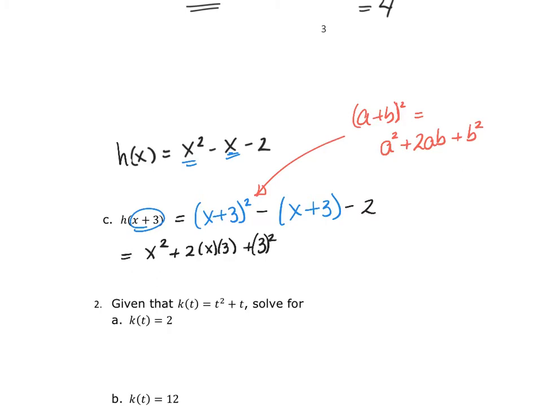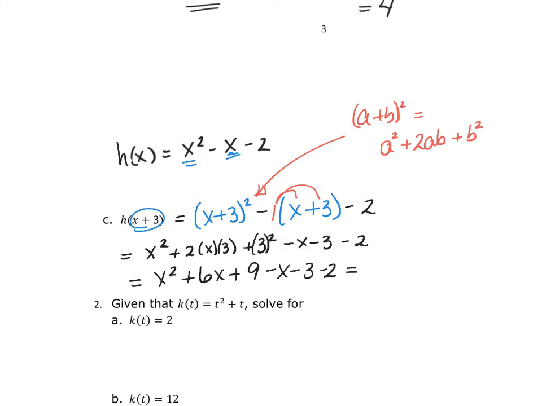So that's that part of it. Now I've got to remind myself that there's a negative 1 here that's going to distribute onto the x and onto the 3. So then that's going to be minus x minus 3 minus 2. So this is going to be equal to x squared plus 6x, the 2 and the 3 gives me 6x, plus 9 minus x minus 3 minus 2.